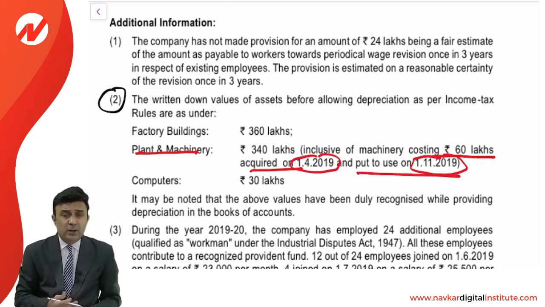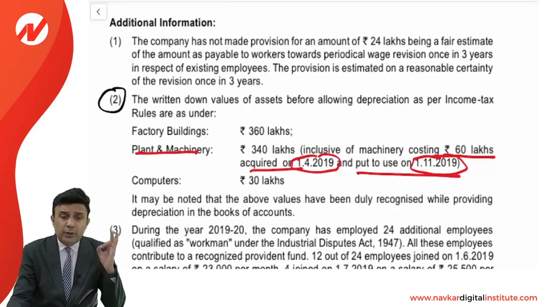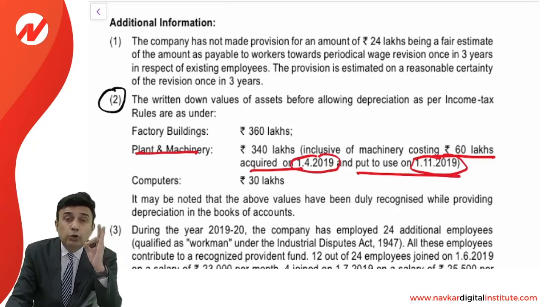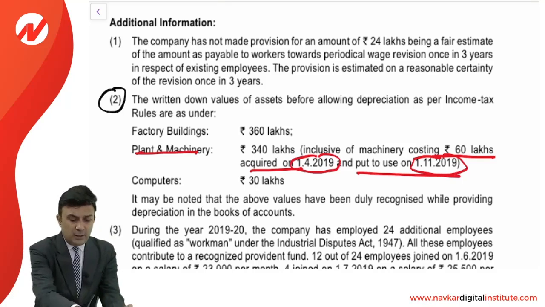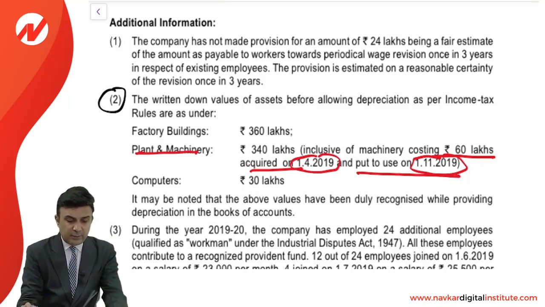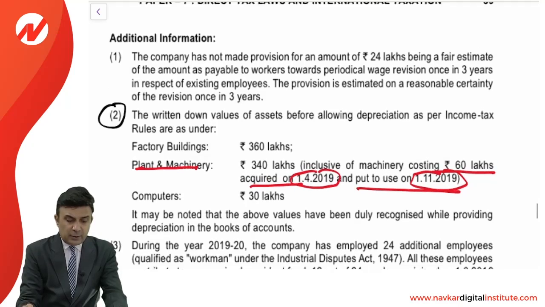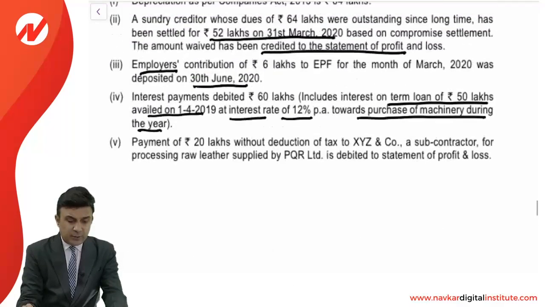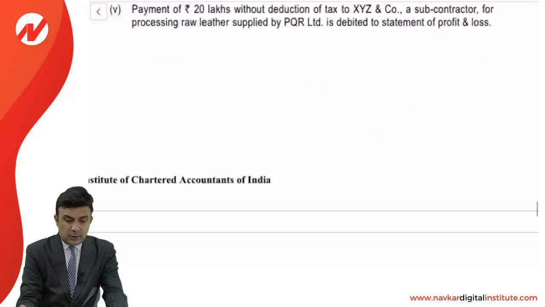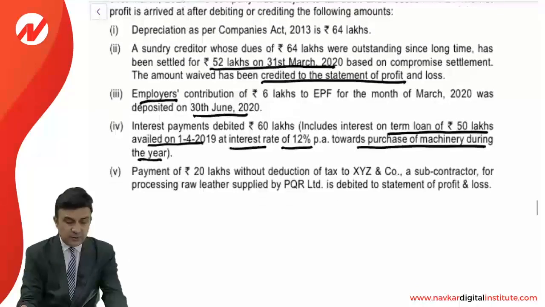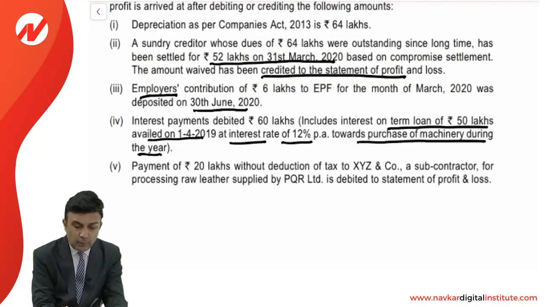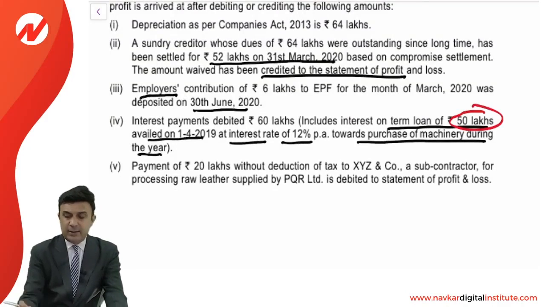Friends, interest up to the day the asset is put to use has to be capitalized. Now on machinery worth 60 lakh put to use on 1/11/19, they are talking about the loan amount of 50 lakh.